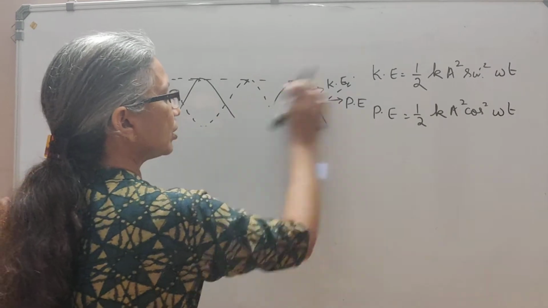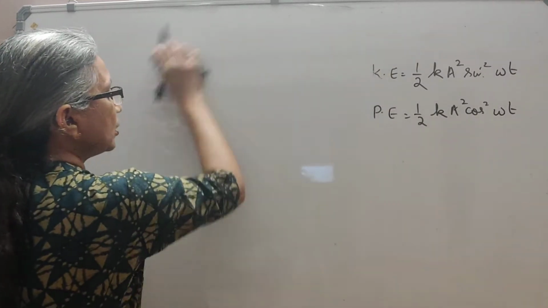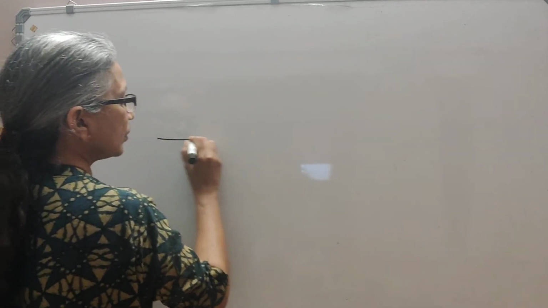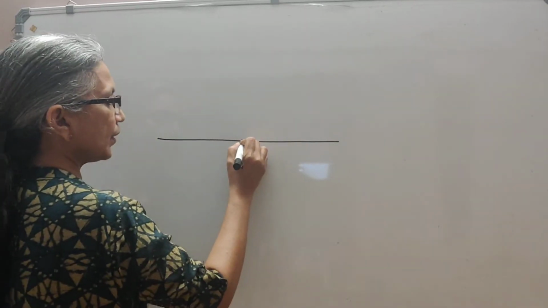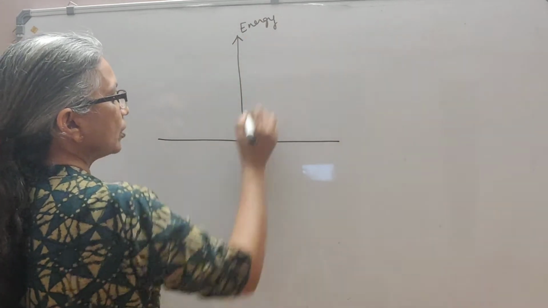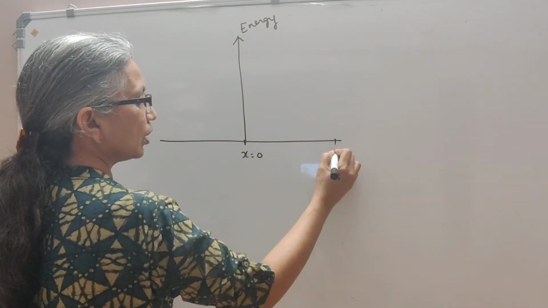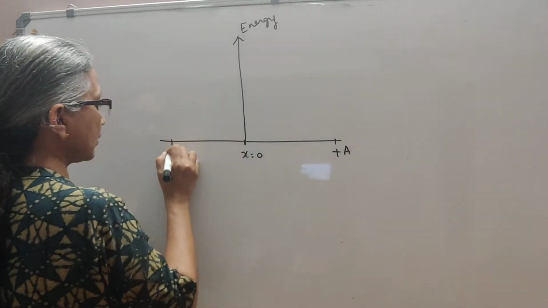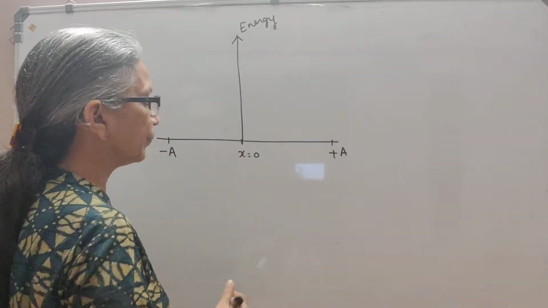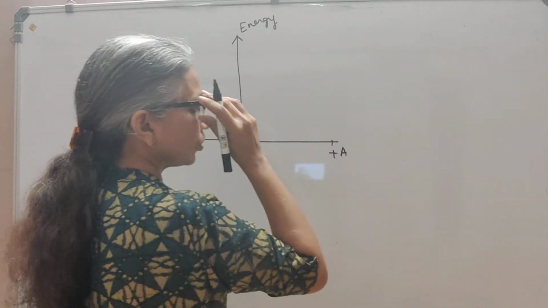You can also show the variation of potential energy and kinetic energy with respect to displacement. In which case, we have this axis representing the displacement and this axis here showing you the energy. So this is x equal to 0. Here we have maximum displacement plus a, and here we have minus a, the maximum to the other side. So here we will use the formula.